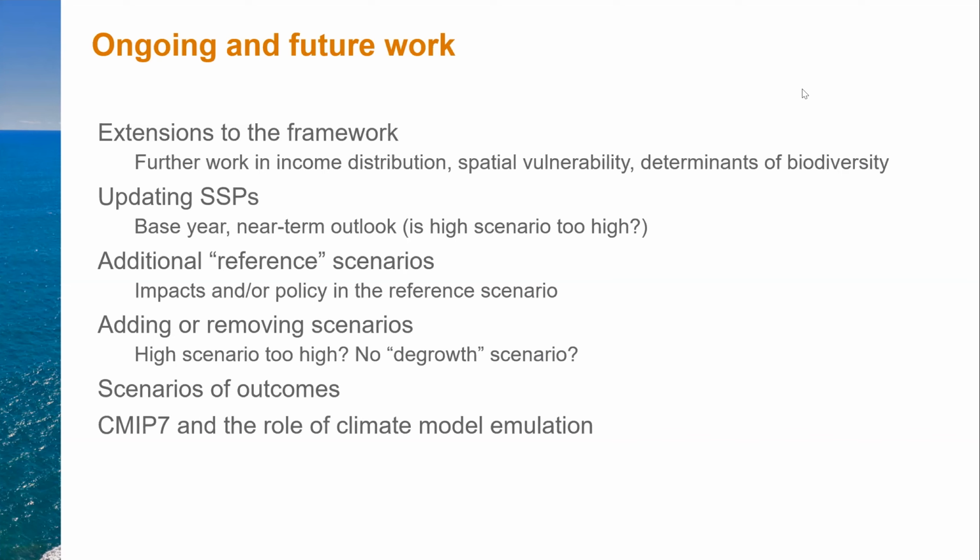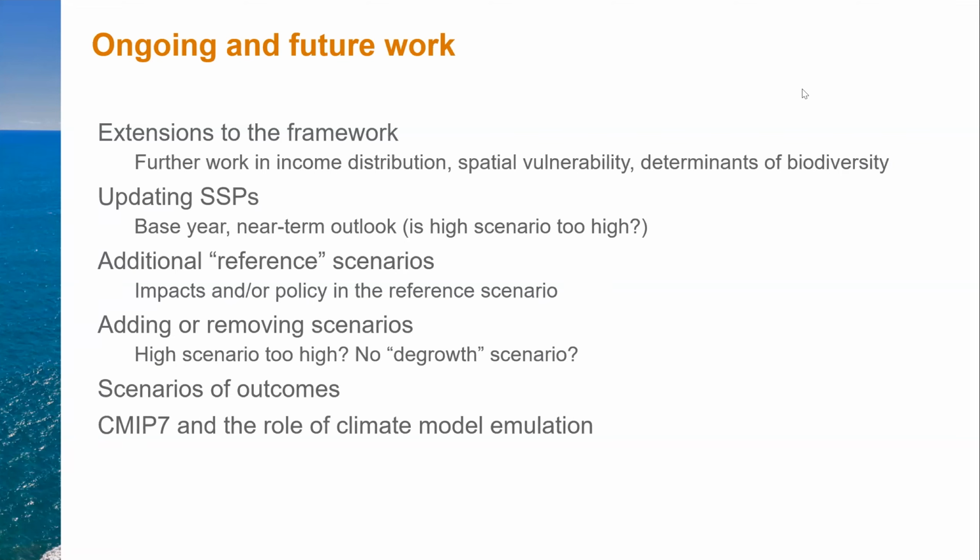They're how the world evolves in the absence of climate change and before we integrate it with the RCPs and the climate outcomes. Do we have community scenarios to share to say, what is an SSP 2 4.5, right? The world according to SSP 2 and 4.5. What does that world look like? We don't have a common understanding of what that is. We don't have scenarios of the outcomes. And so putting a bunch of effort into those to have a shared understanding of how the world looks like in an integrated sense, I think is a big gap at the moment.